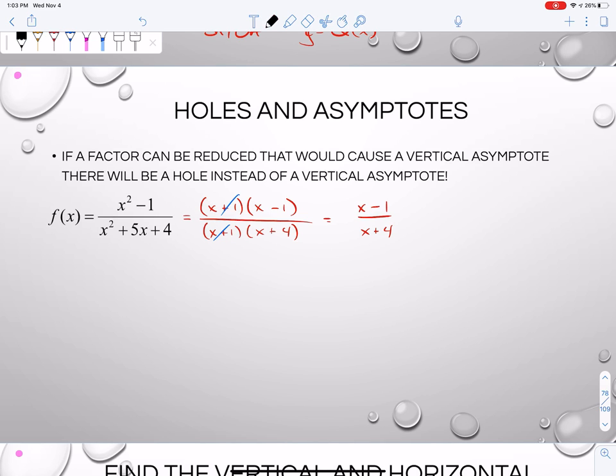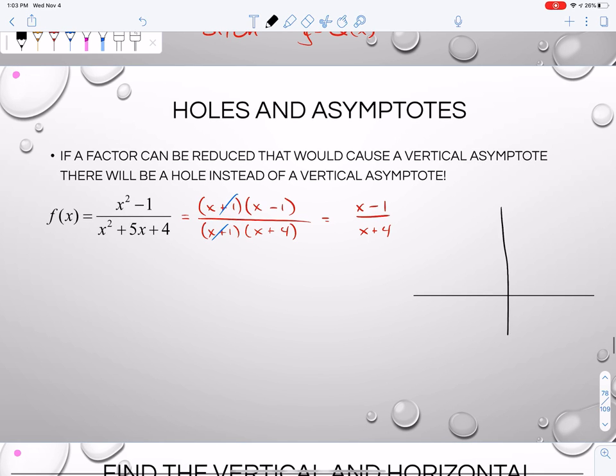If I were to try and sketch this graph, just a very, very quick, rough sketch, what we're going to have is a vertical asymptote that's going to occur at x equals -4. So somewhere out here at -4, I'm going to have a vertical asymptote. We're going to draw the vertical asymptote with a dashed line.